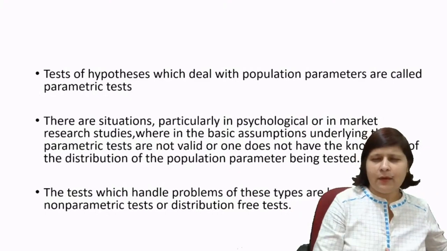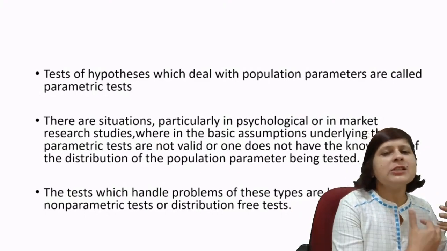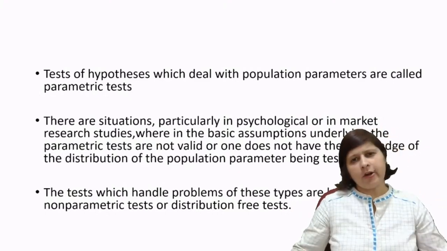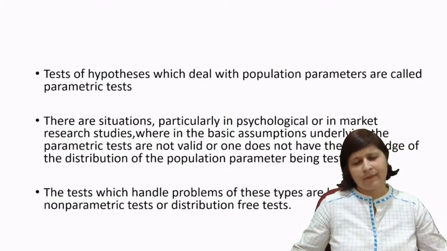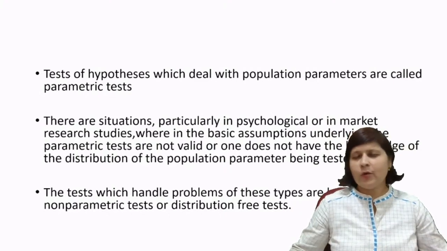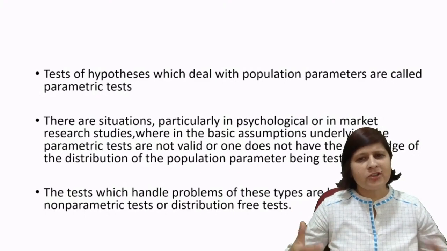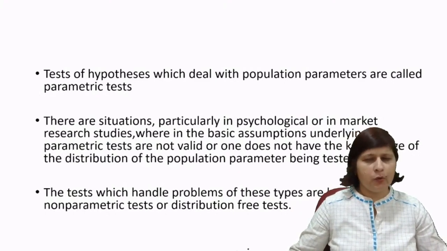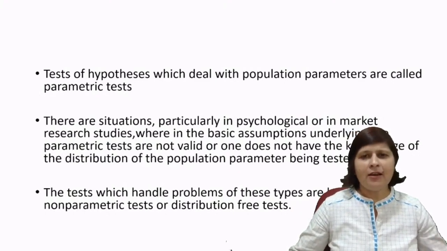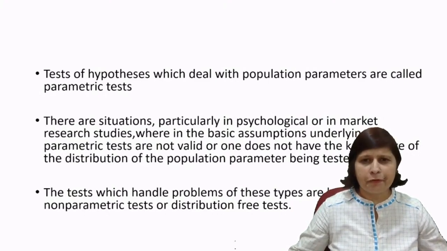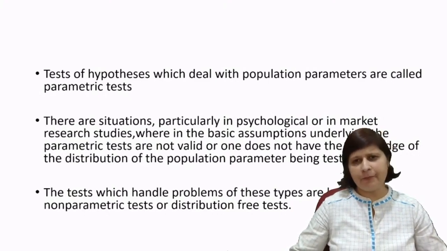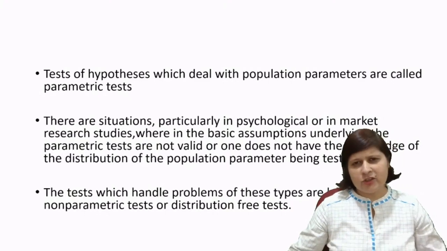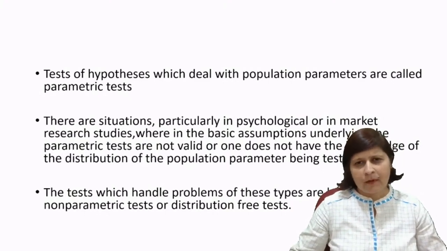You cannot say whether people will like the packaging of this product or not. You launched a new product and you want to know about the liking of consumers about the packaging of that product, whether people like the packaging of that product or not.